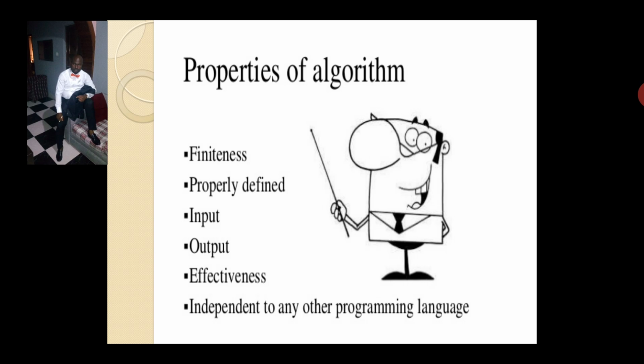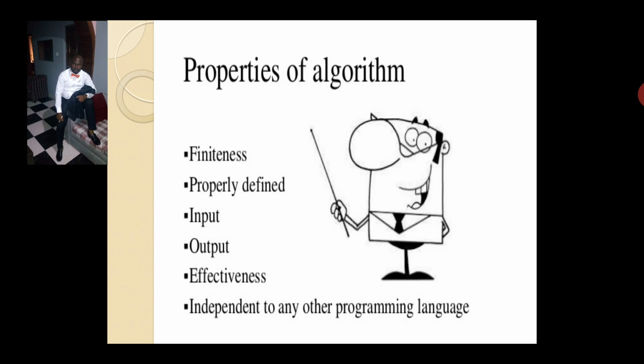Okay, so let's quickly look at the properties of algorithm. In properties of algorithm, we have the finiteness. An algorithm is properly defined. It is finite, meaning that it has an end.